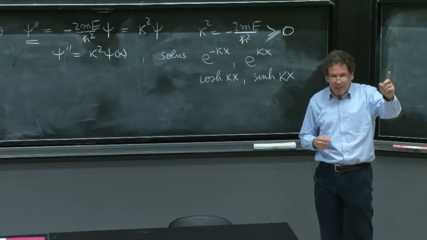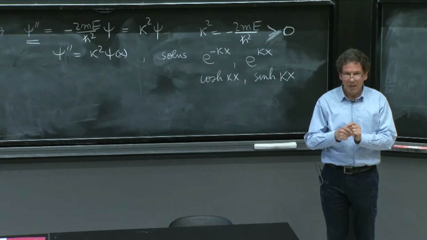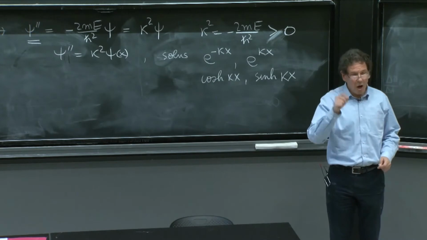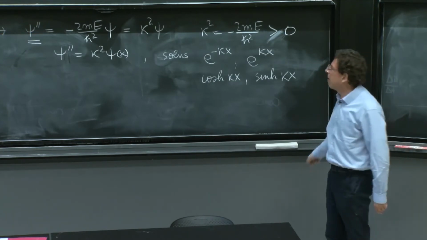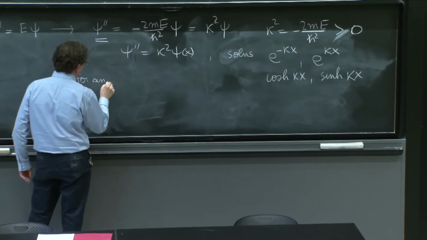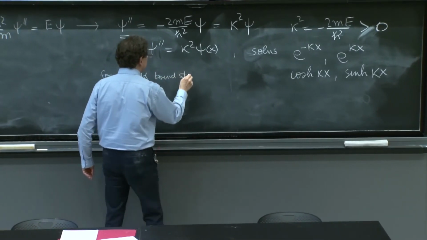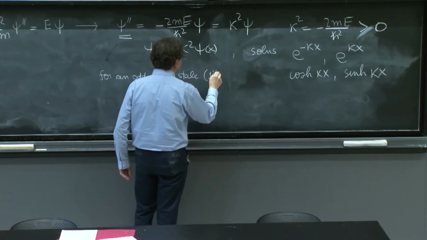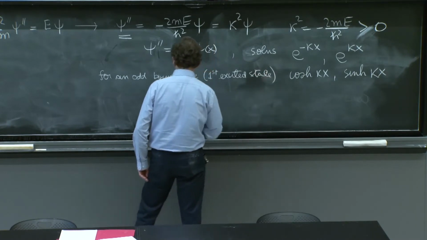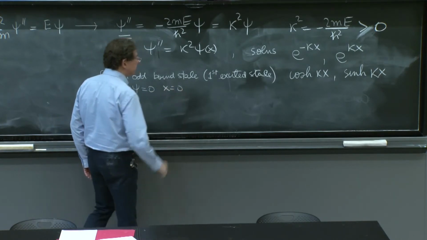If I have the first excited state after the ground state, it would have to be odd. It would have to vanish at x equals 0, because it's odd. There is its node. It has to have one node. So for an odd bound state, or first excited state, you would have to have psi equals 0 at x equals 0.